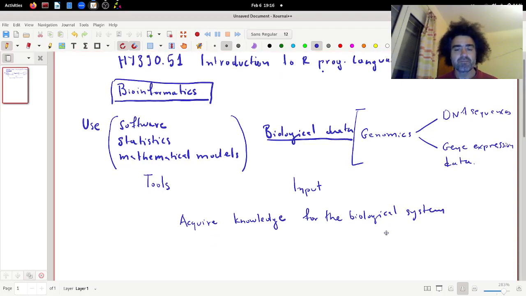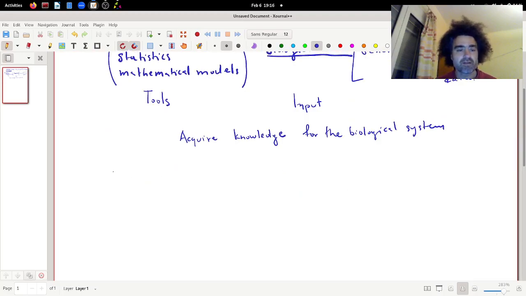For example, we use as input gene expression data to find out which genes behave differentially depending on if we use a specific drug or not.